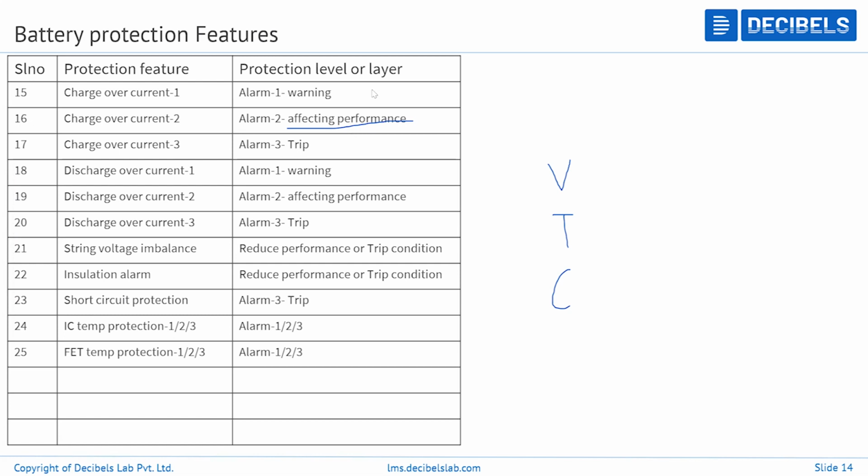As I was mentioning, for over voltage, 4.15 could be a level 1 protection value, then 4.17, 4.2. It depends on how you set the value. These will be derived from the testing itself.